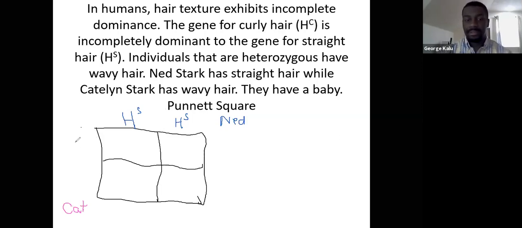Right, it's going to be HC, HS, because again, she's heterozygous here for wavy hair. So now what would we find in this top left box? What would our genotype be for this offspring here? It'd be HCHS, perfect.